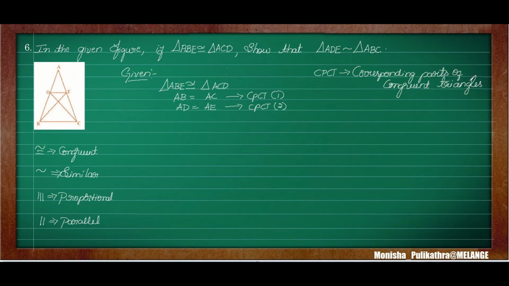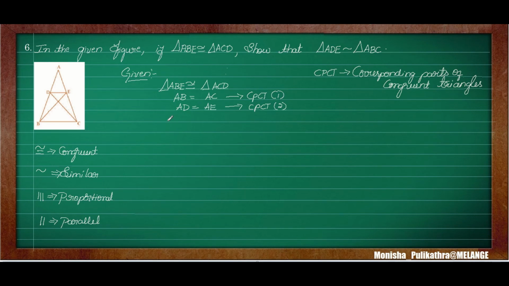According to this CPCT theorem, if two or more triangles are congruent to each other, then their parts or sides will also be equal. So that is the summary of it. If two triangles are congruent, then the corresponding sides will also be equal.